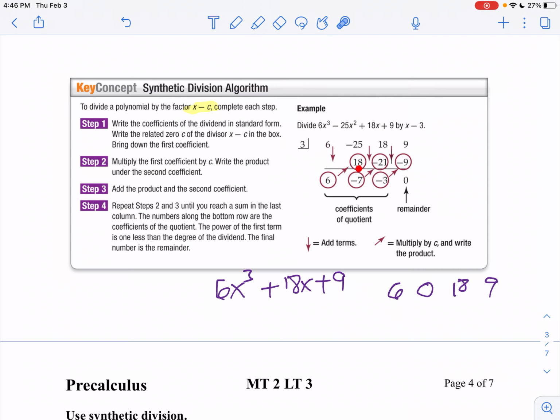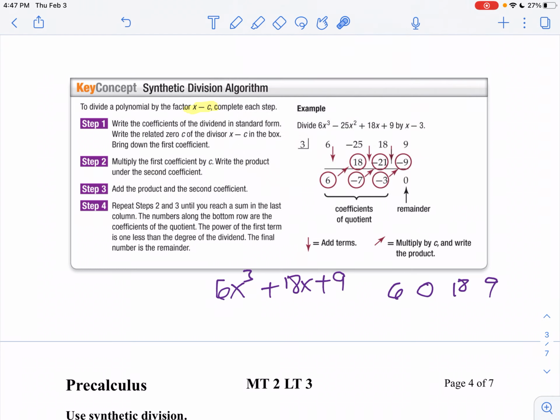6 times 3 is 18, and then negative 25 plus 18 gives me negative 7. Then to get my next number, I multiply by 3 again. I get negative 21, and I keep on going. Now, when I'm done, that's going to be a depressed polynomial. What do I mean by that?